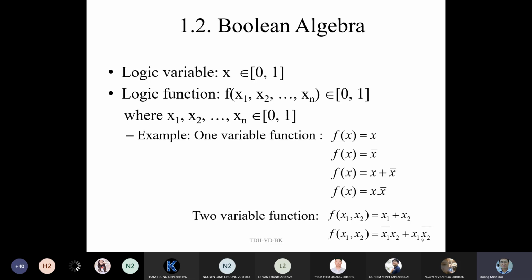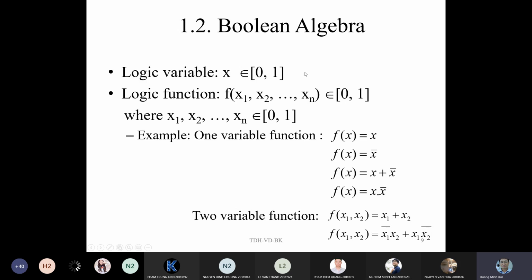Because Mr. Boole chose 0 and 1, all people use 0 and 1 for the logic variable, but actually you can use anything, just two symbols, to be the logic variable. So please remember, in this subject, 0 and 1 is a logic representation. It's not the ordinary algebra. So there are some logical arithmetic operations that will have different results from the ordinary algebra. Okay.